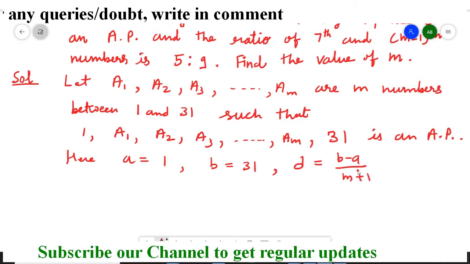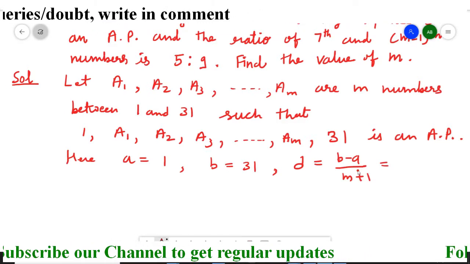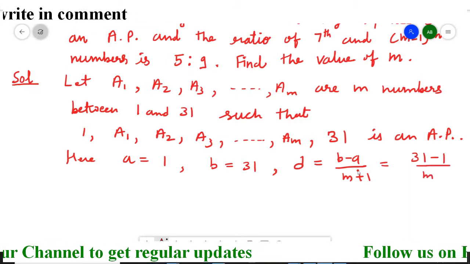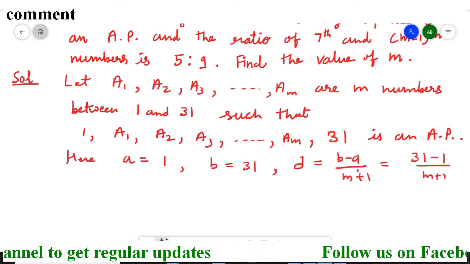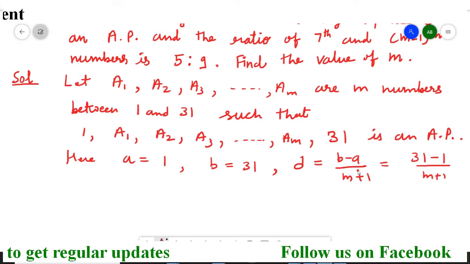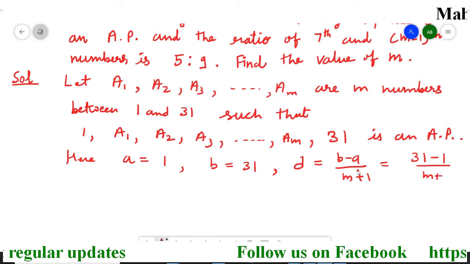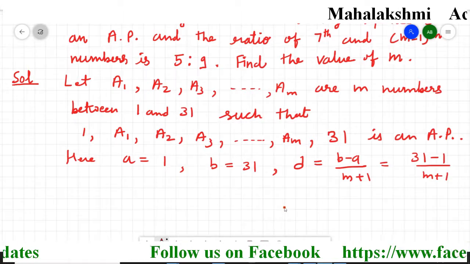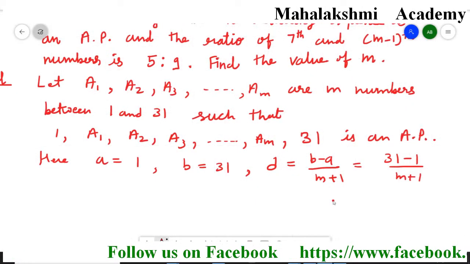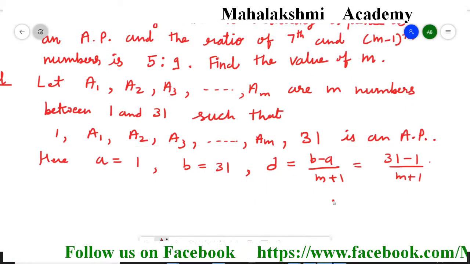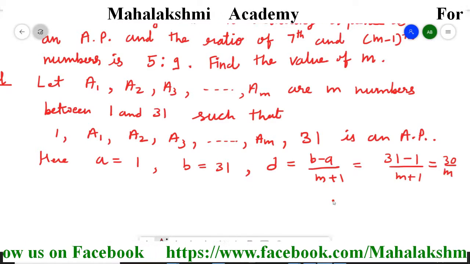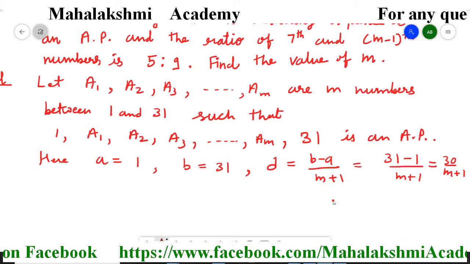Now we put the values of b and a, so it is going to be 31 minus 1 upon m plus 1, which is 30 upon m plus 1.